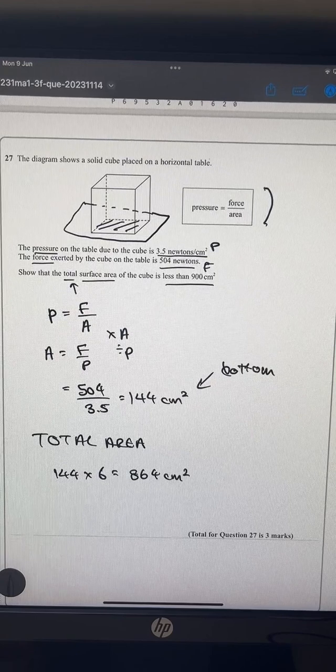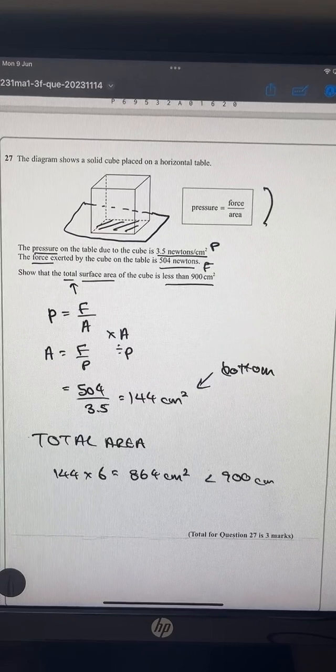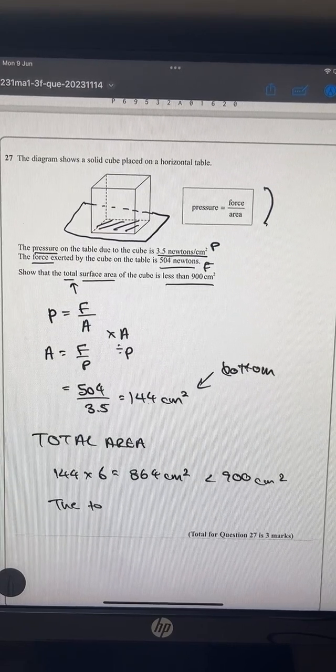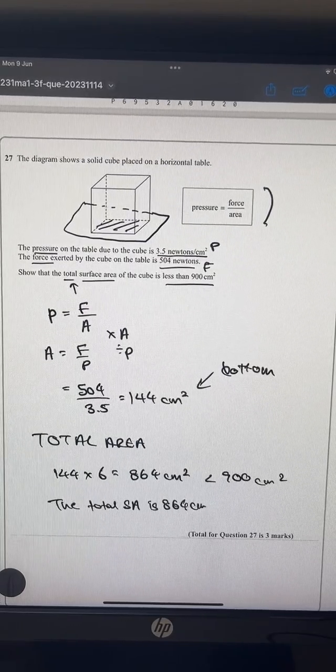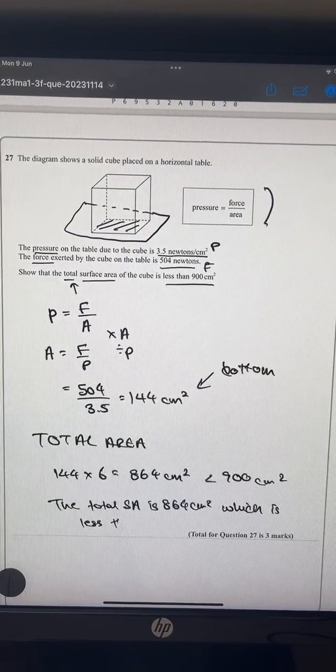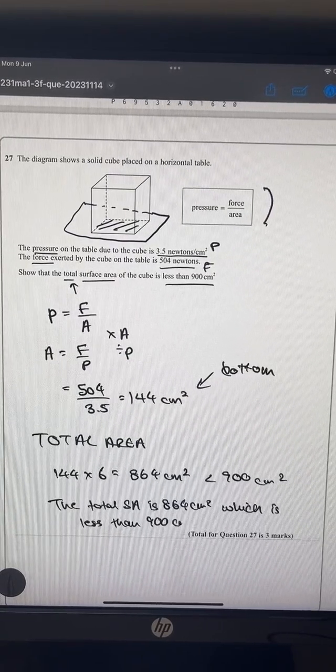Well, is it less than 900? Nice, it is. So I could just say the total surface area is 864 cm squared, which is less than 900 centimeters squared. And cool, I proved the point, like I proved it correctly.